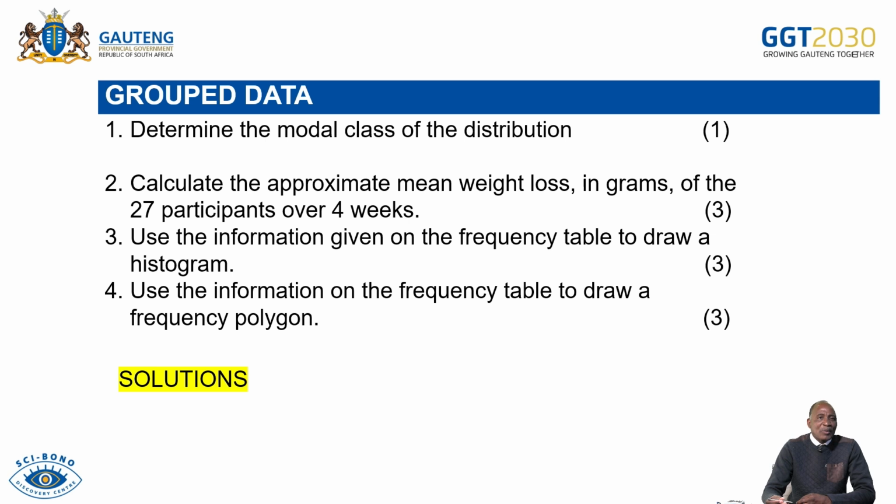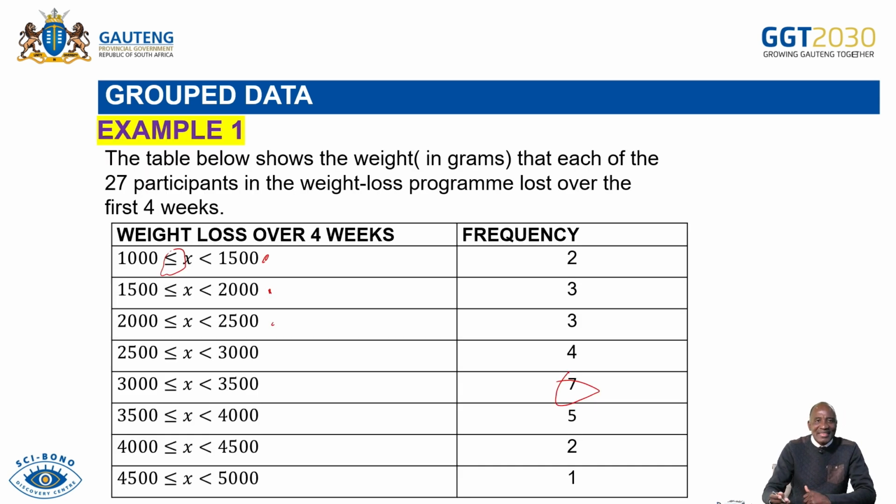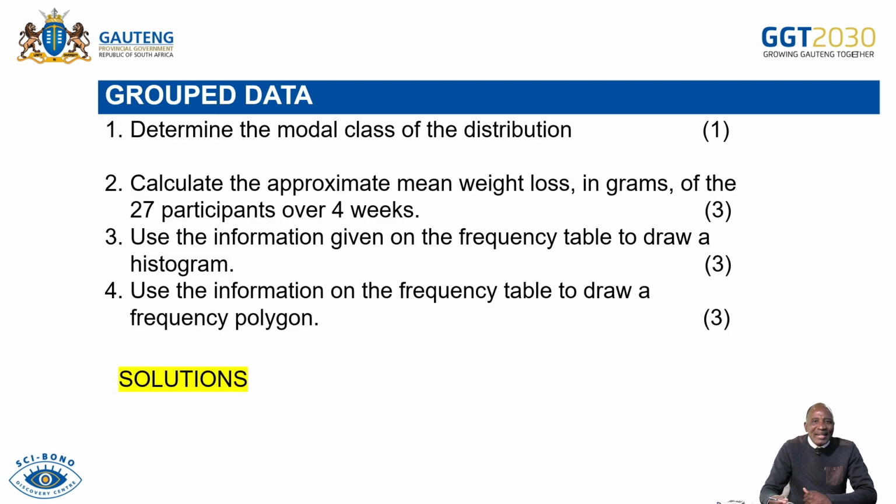Then question number 4, use the information on the frequency table to draw yet another graph, which this time they call a frequency polygon. So far, I think you are seeing 3 graphs there. You have seen a frequency table, which is what we started with. It indicates how many people appear per particular class. Next, we are going to see a histogram coming from the same information.